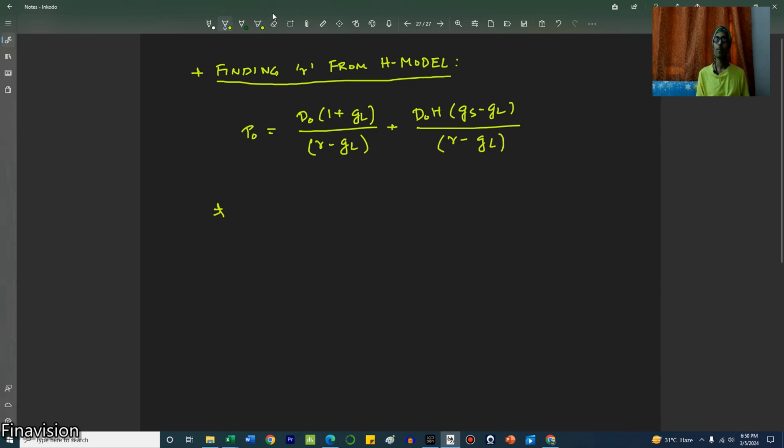We do a little bit of shifting. R minus GL is equal to D0 plus D0 into GL plus D0 H into GS minus D0 H into GL, all divided by P0.